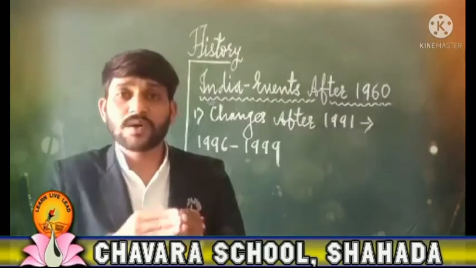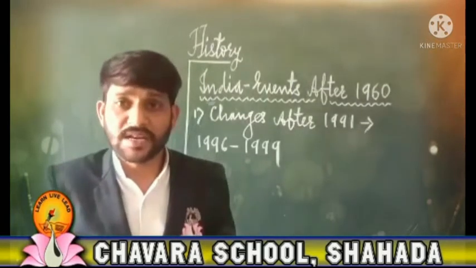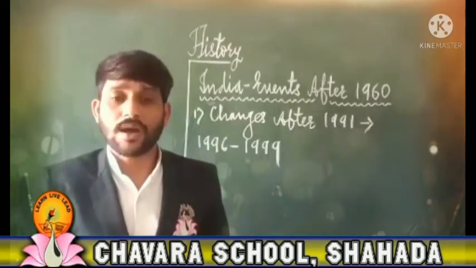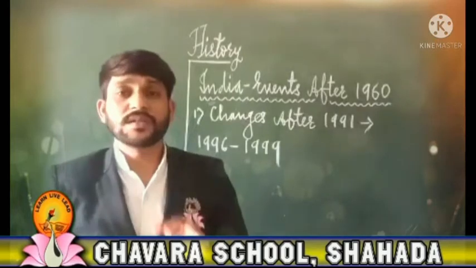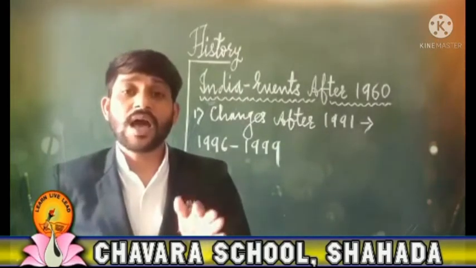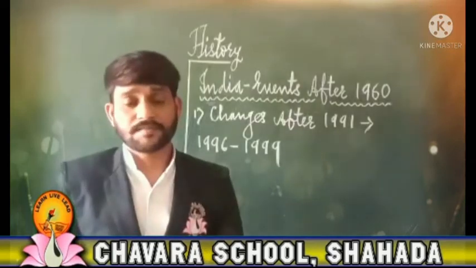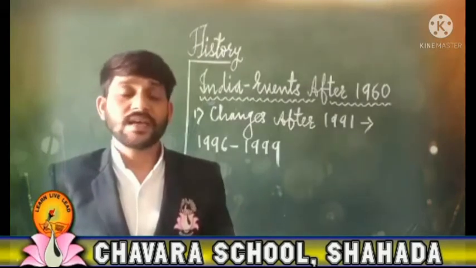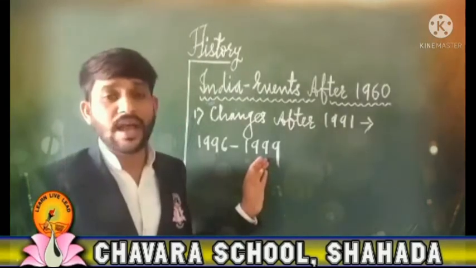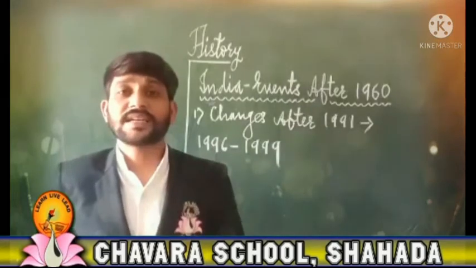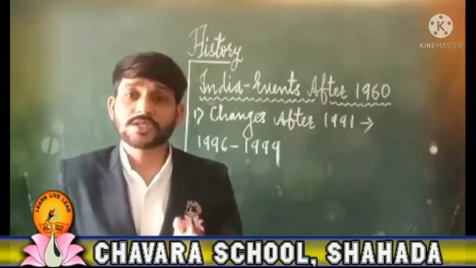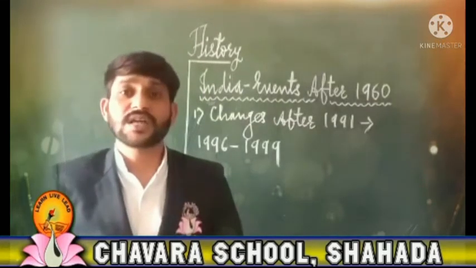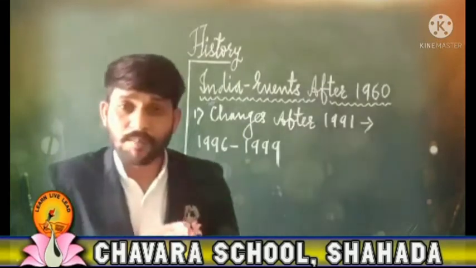These governments were led by leaders like Atal Bihari Vajpayee, H.D. Deve Gowda and Inder Kumar Gujral, as they were leading their parties. Finally, in the year 1999, the National Democratic Alliance, that means a kind of union or association, came to power under the flag of the Bharatiya Janata Party.